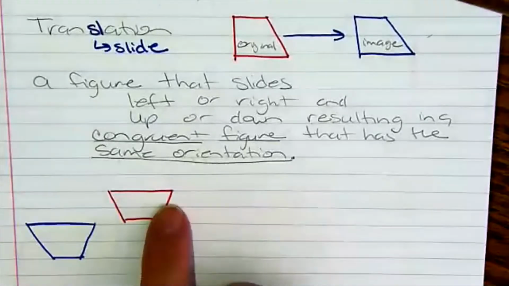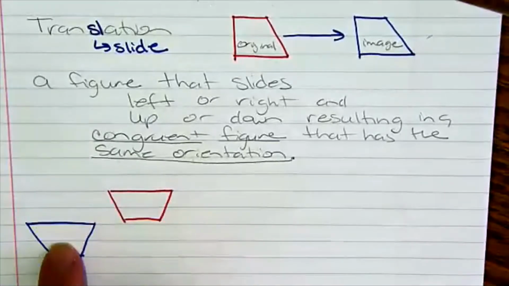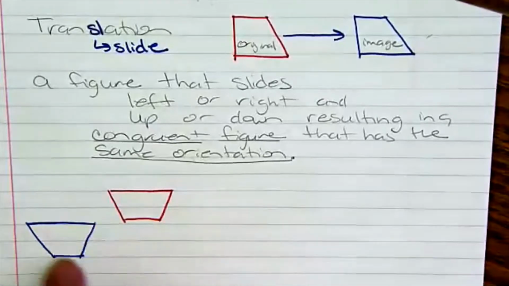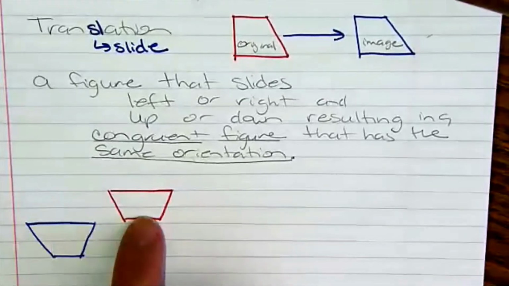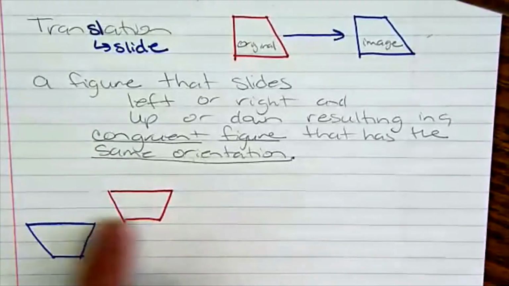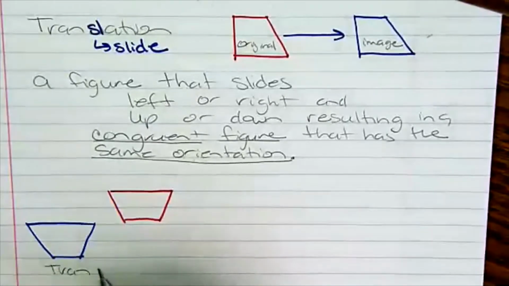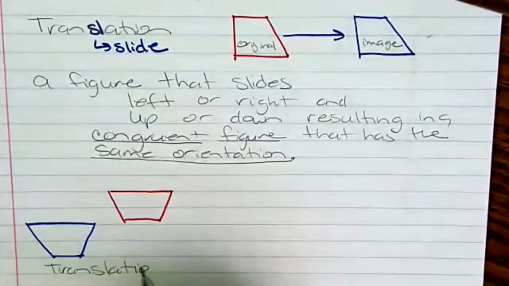So we slid it to the left and we slid it down. My image is congruent to the original figure. It's the same size, same shape, and it is in the same orientation. Therefore, this is a translation.